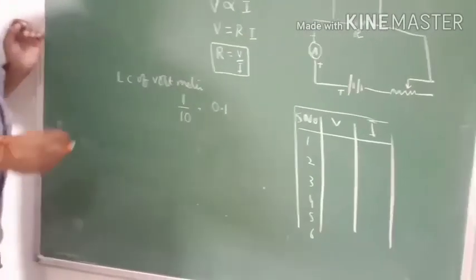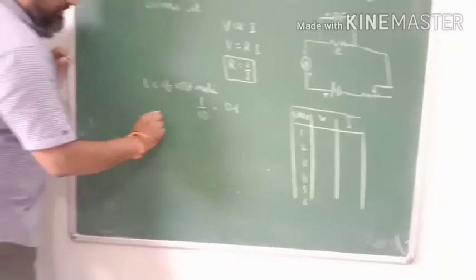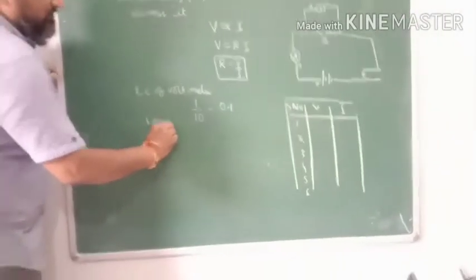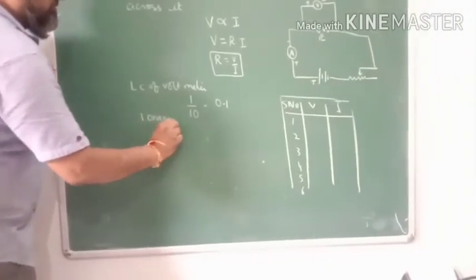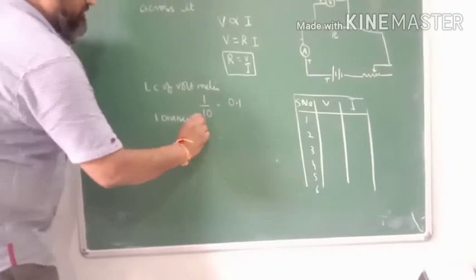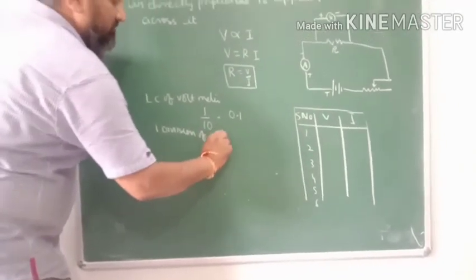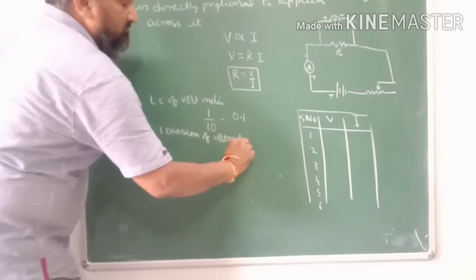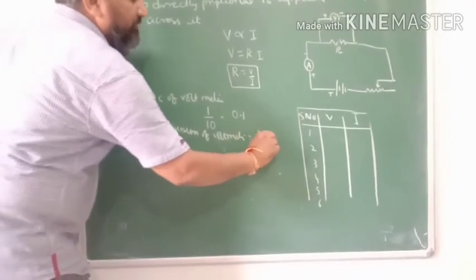It means 1 division of the voltmeter is equal to 0.1 volt.